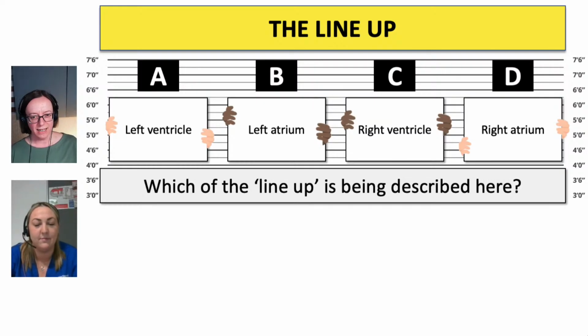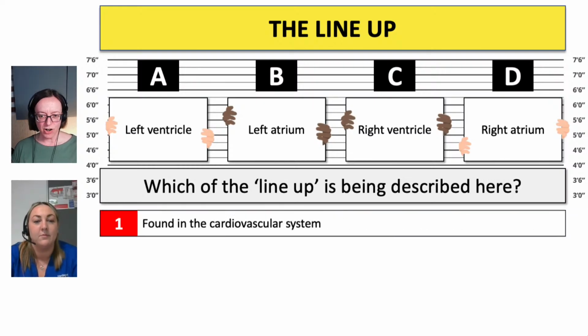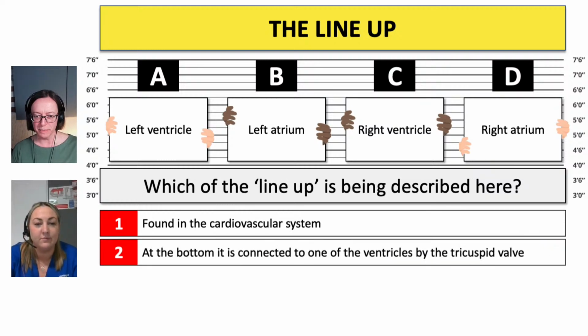Okay, so now we're getting into a bit more specifics, a bit trickier. On the board I've got A, left ventricle, B, left atrium, C, right ventricle, and D, right atrium. So what am I describing? It is found in the cardiovascular system. What do we think, Charlotte? That doesn't help. Next one: at the bottom, it is connected to one of the ventricles by the tricuspid valve.